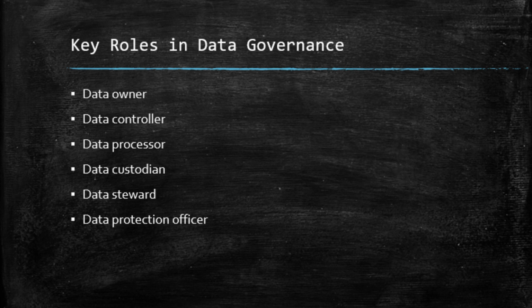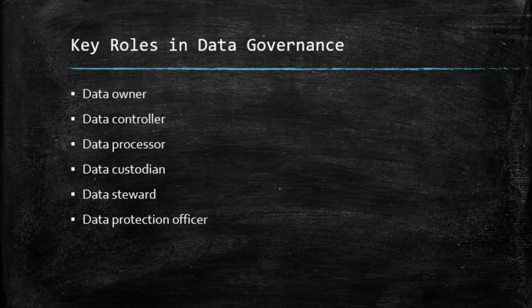Then we have data stewards. So here it's the person who ensures that data supports an organization's business needs and meets the requirements. Lastly, and the last role we have in this lesson, data protection officer.